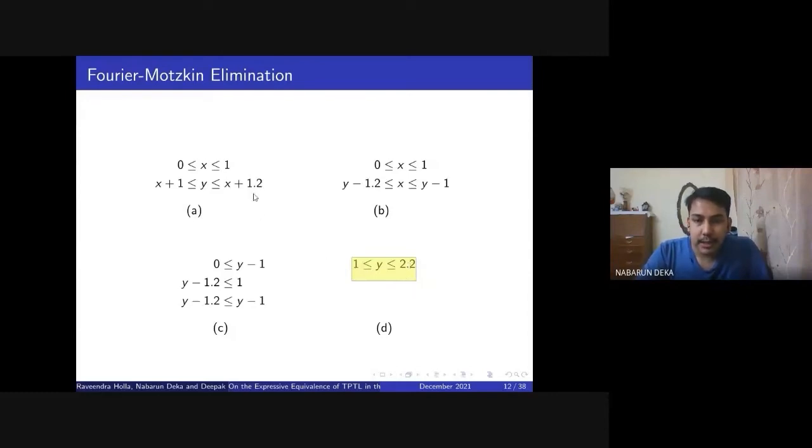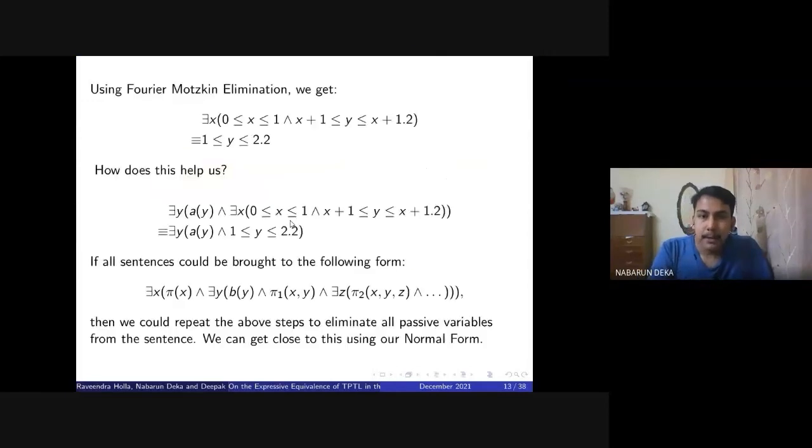It is an easy check to verify that if this holds, then there exists x and these two constraints also hold. So using Fourier-Motzkin, we replace this by the formula y is between 1 and 2.2. Hence, our original formula, which had a passive variable x, is converted to one which has no passive variables.